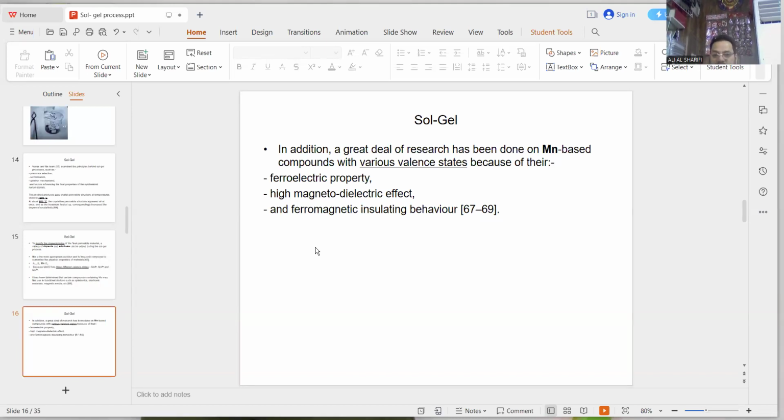Ferroelectric property is another advantage: ferroelectricity, high magnetic dielectric effect, ferromagnetic insulating behavior. All of these advantages are because it has various valence states.